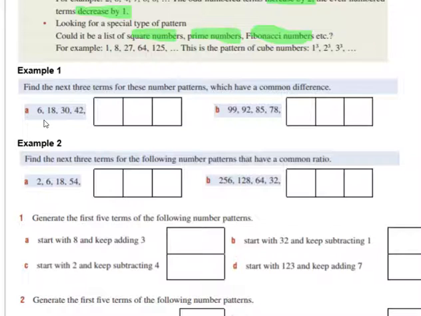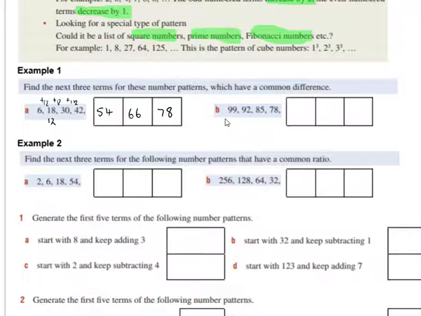You can see that our common difference is 12, so we're adding 12 each time. We add 12 to 42, we'll get 54. If we add 12 to 54, we will get 66. And if we add 12 to 66, we will get 78.